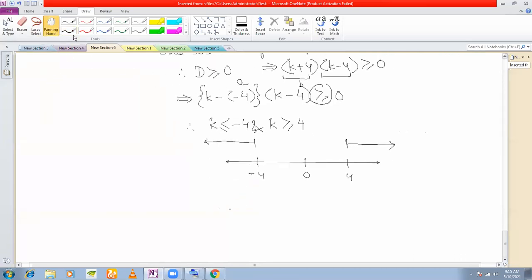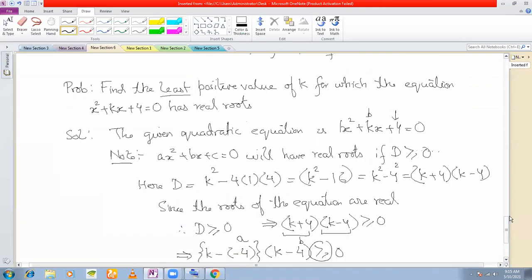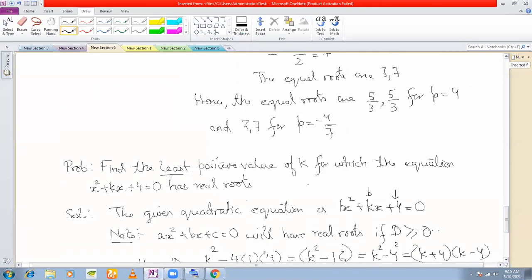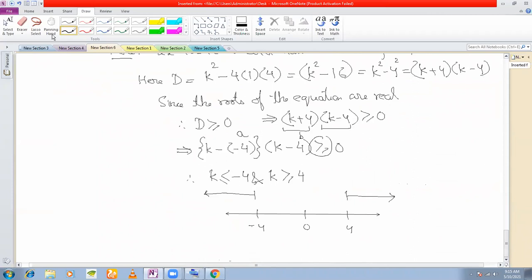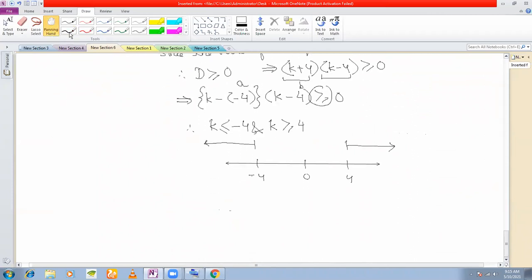So in such a case, what should be the least value of K? The question is, find the least positive value of K. So there are two conditions, not only least, but least positive value. So for what values of which inequality will give you positive values of K?